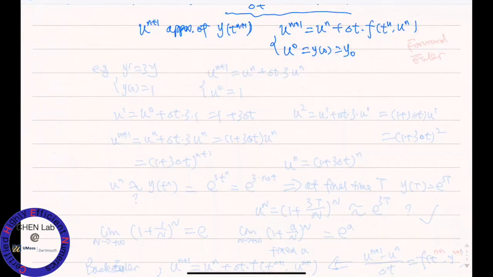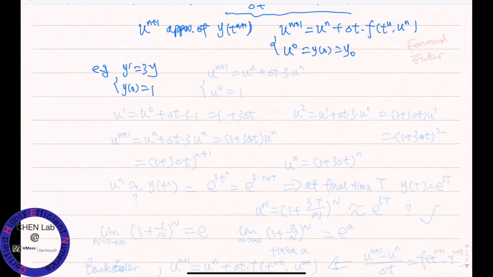Which means that maybe we use that example we did: y prime equals 3y, and we said y0 is 1.